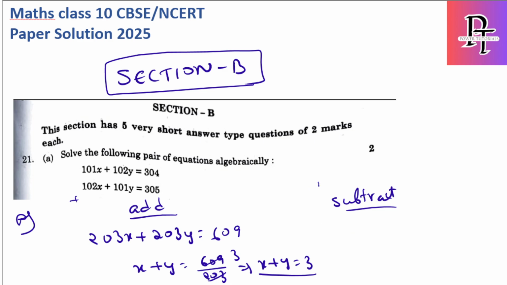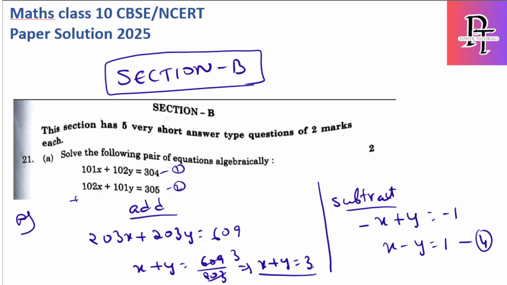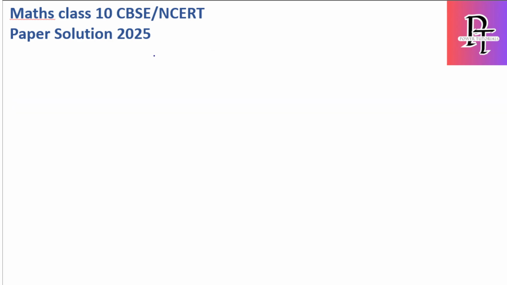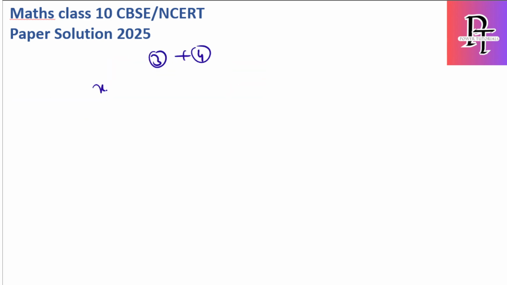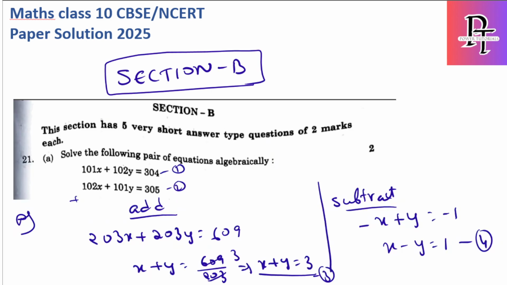Keep it aside. Let's do subtraction. If I take 1 minus 2, let's suppose this is 1 and this is 2, then I will get minus x plus y is equal to minus 1, or x minus y is equal to 1. This is 4. Now let's add 3 and 4. x plus y is equal to 3, and the second one x minus y is equal to 1.